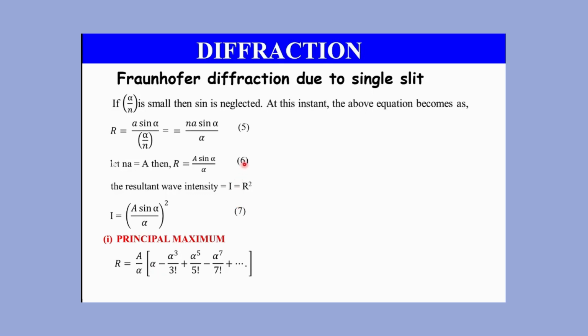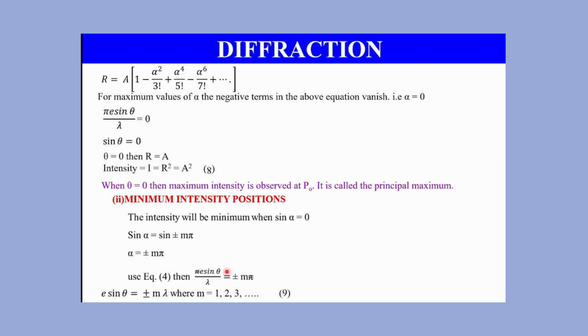This equation number 6 can be written as R is equal to, now we are taking alpha outside, so A divided by alpha into, in the place of sin alpha, we are writing alpha minus alpha cube by 3 factorial plus alpha power 5 by 5 factorial minus alpha power 7 by 7 factorial and so on. Now in this expression, take alpha outside, then R is equal to A divided by alpha into alpha.